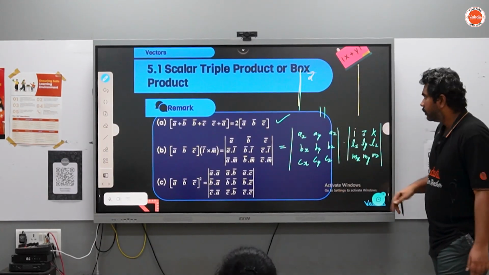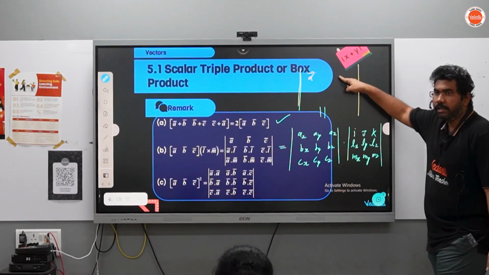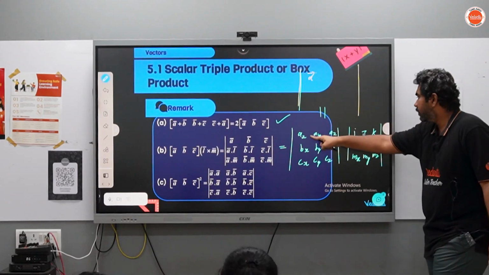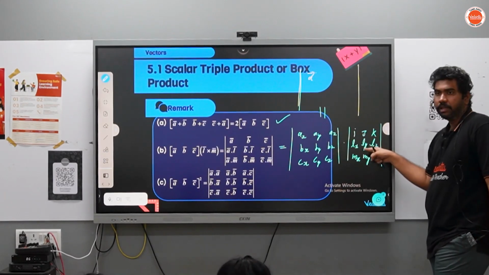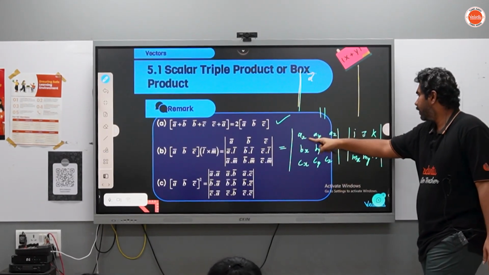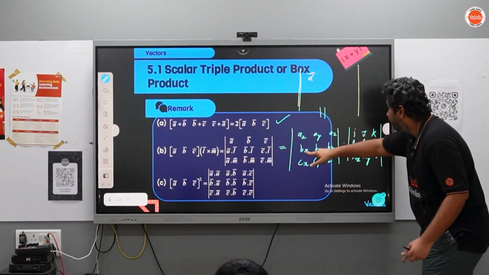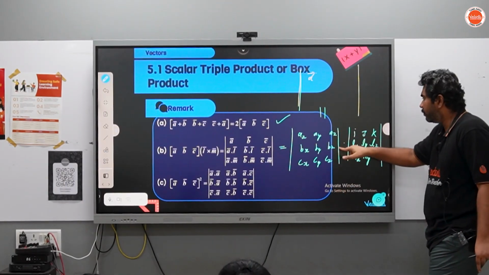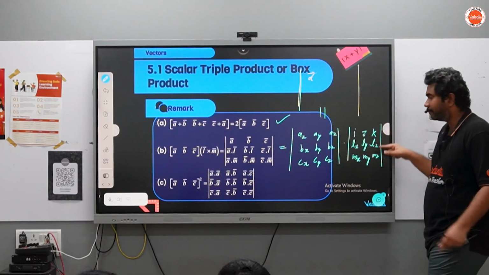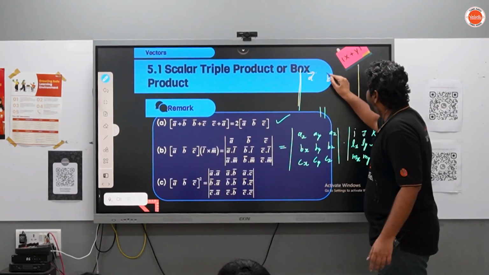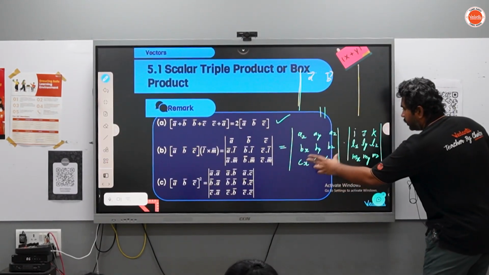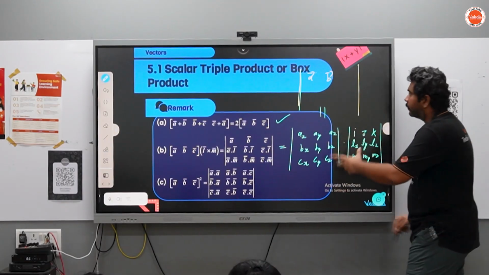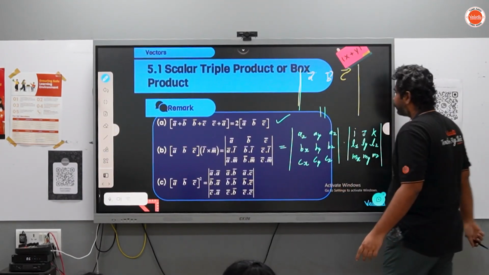A vector. Then I need the element in the first row, second column. First row into this one. Okay, so BX, BY, BZ dot i, j, k. That gives me the B vector. And again CX, CY, CZ dot i, j, k gives the C vector.